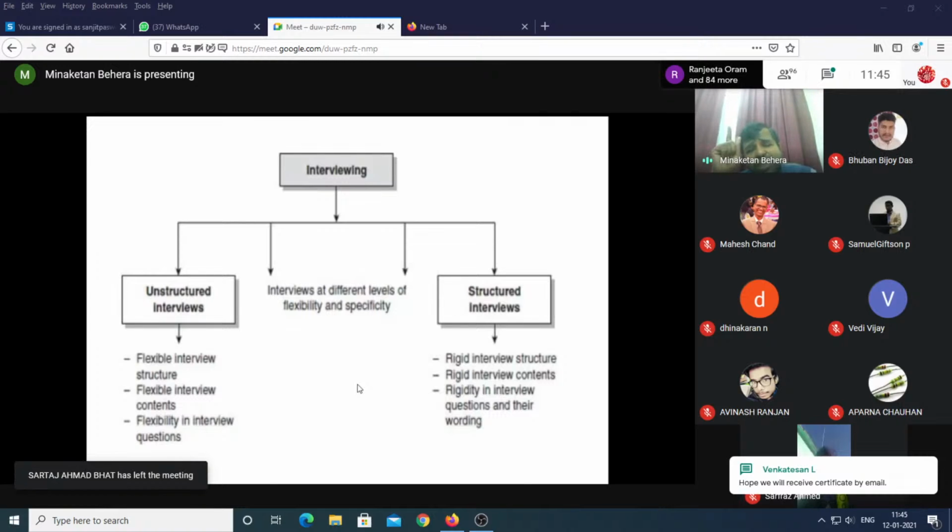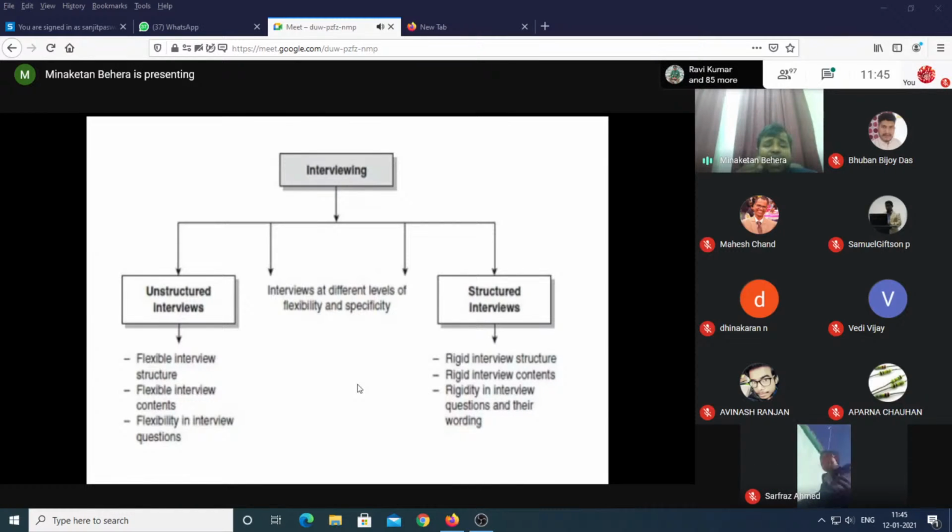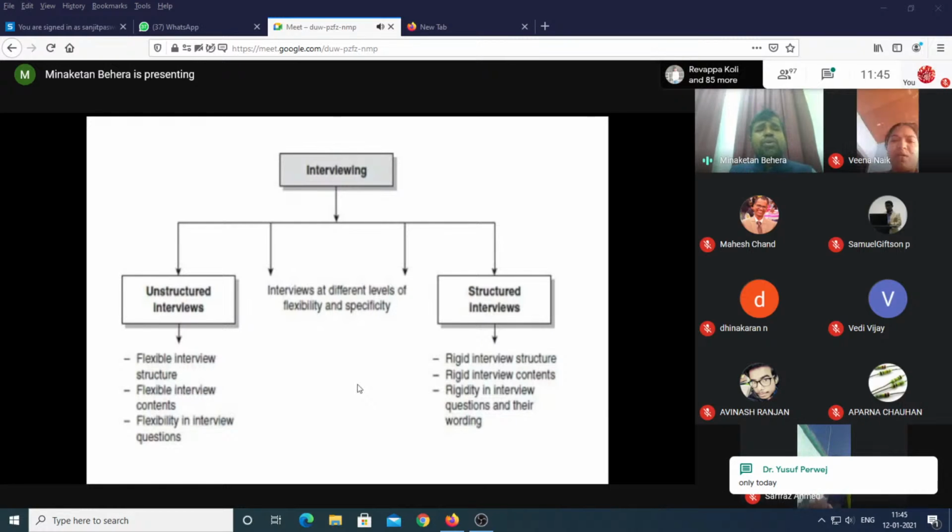Whatever information is related to your objective, you can add other dimensions also. The questions need not follow a proper order or pattern. You are flexible, and you as a researcher know how you will interact when you go to the field.